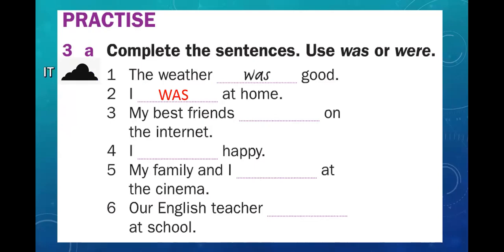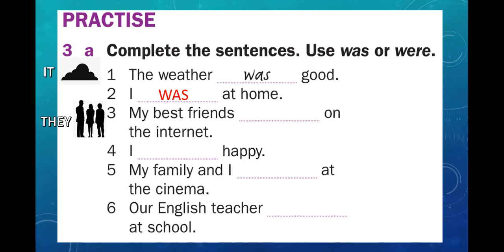For number three, we have my best friends. Okay, it's not only one. You have maybe 2, 3, 4. You have more than one. Okay, so we're talking about many people. This can be represented with the pronoun they. Okay, now let's try to remember what form they uses.